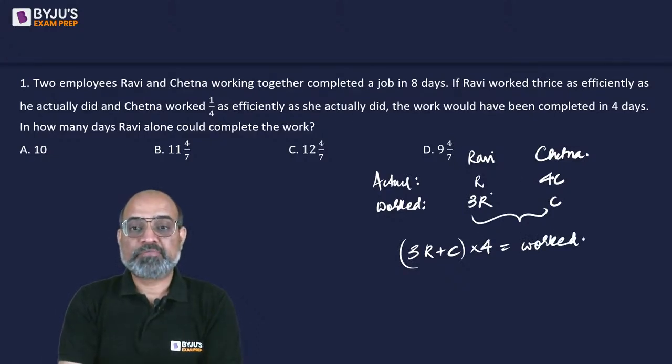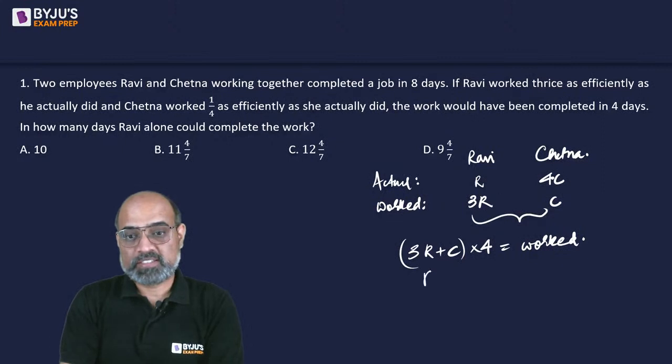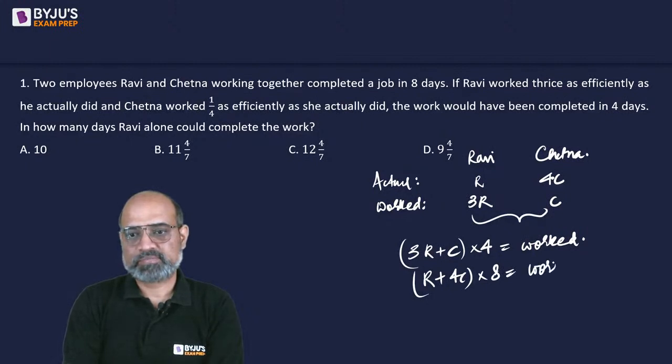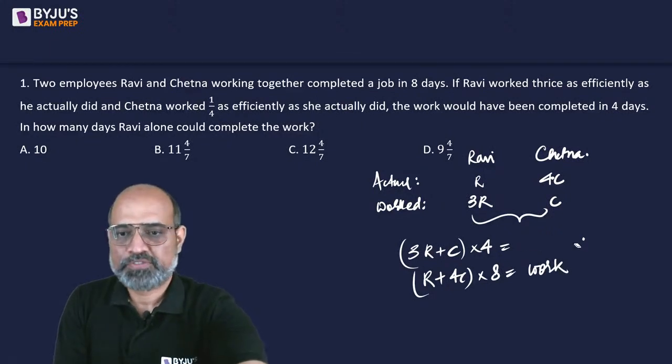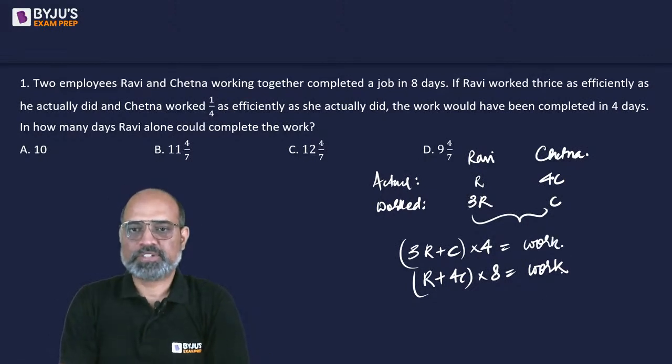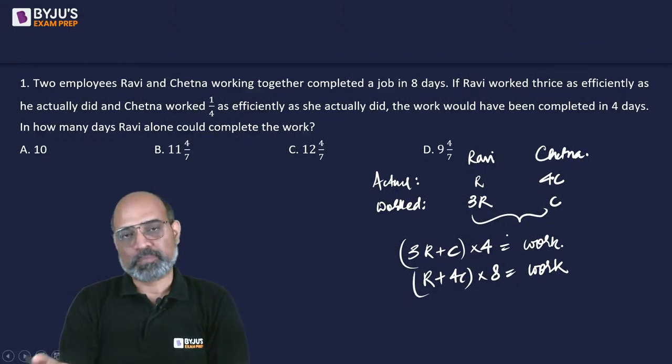And if they were working with their original efficiencies, the work would have been completed in 8 days. So let's write down work. The question is, in how many days could Ravi alone complete the work?